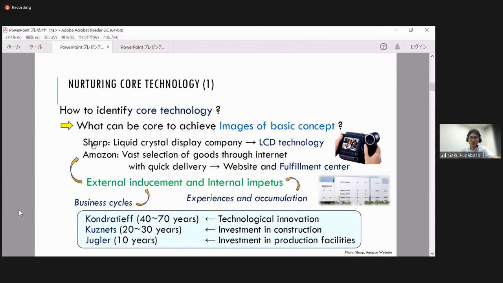Again, when those companies think about their core technologies, first they think about what is happening in the external environment, what customer wanted. Then they think about what kind of internal resources they should have to implement it.